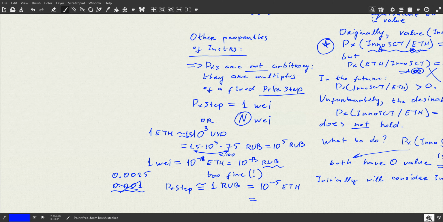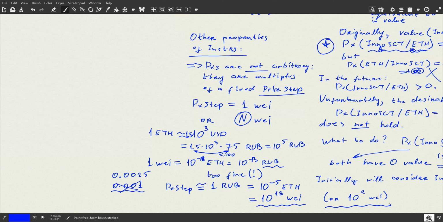And if 1 Ethereum is 10 to 18 wei, that's going to be 10 to 13 wei. Maybe if you don't like 13, use 12. So then it is 1/10 of a ruble. So that's the price step which I would recommend.